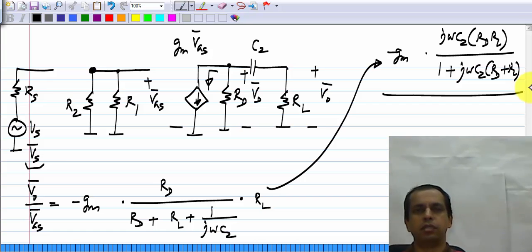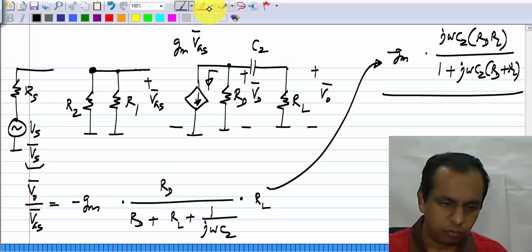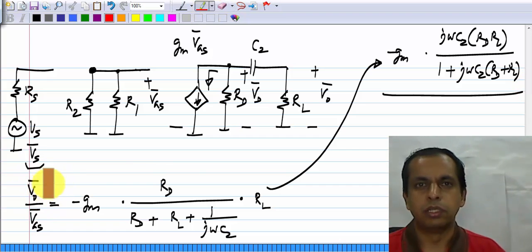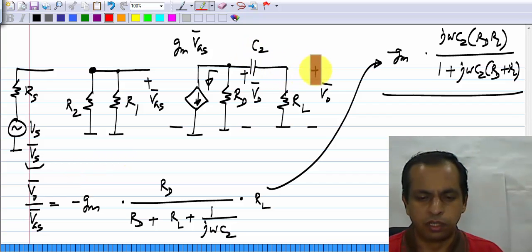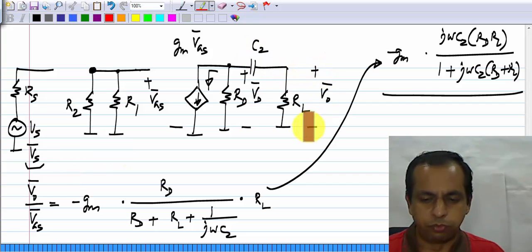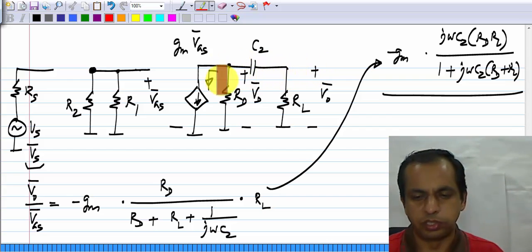Again, now assuming that C2 must behave like a short, what do we mean by that? We have evaluated V naught. When we say C2 must behave like a short, what we mean is this value of V naught must be the same whether we have this capacitance C2 here or we have a short circuit.